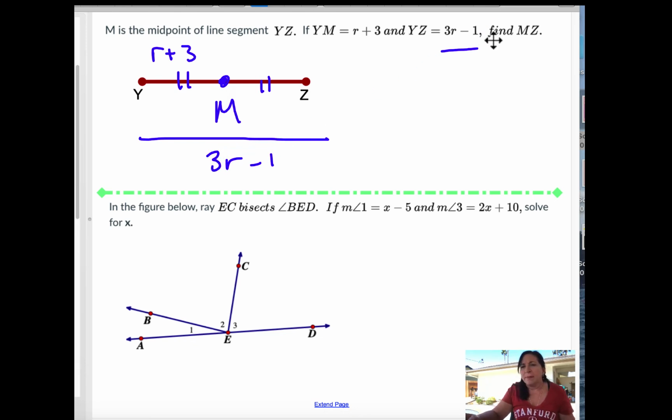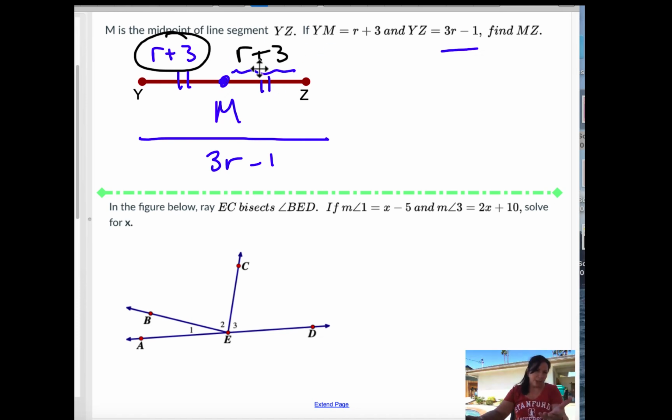Find MZ. So we want this little length right here. Well, what we do know is that this is the midpoint, and the midpoint divides a segment into two equal parts, which means that if this is R plus 3, this is also R plus 3 because they're two equal parts.